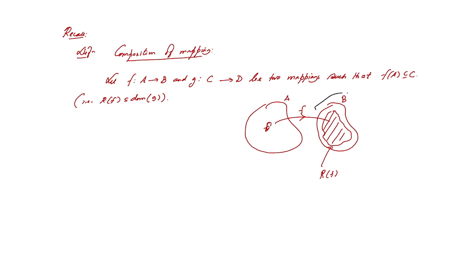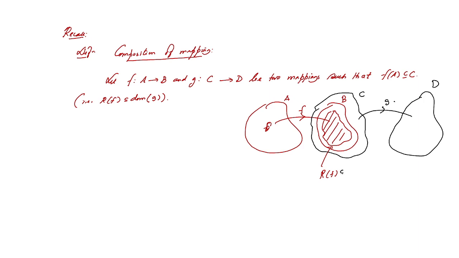So you just consider this as C to D, the map g. Here you see the range of f is a subset of the domain of g. Then we can define the composition.